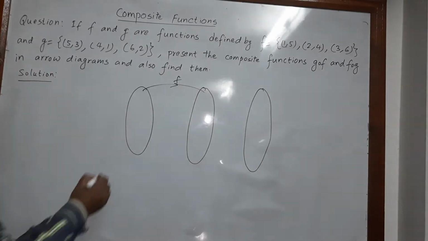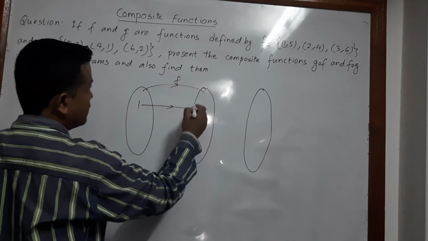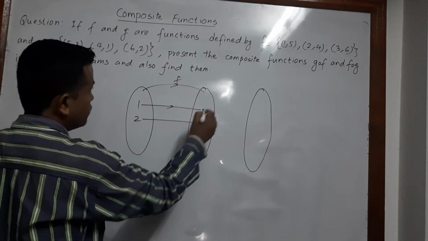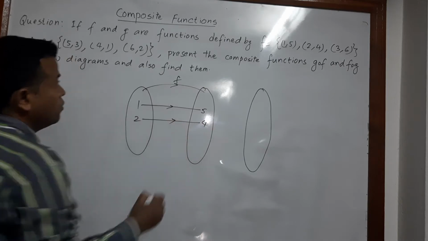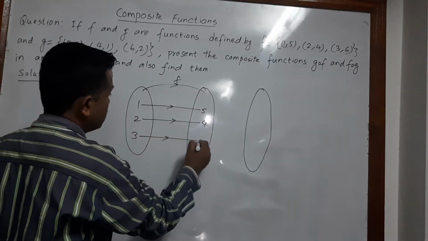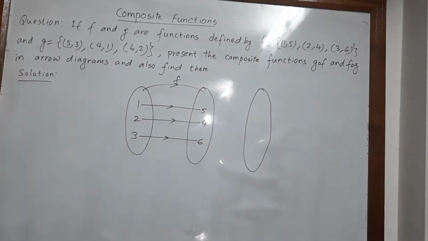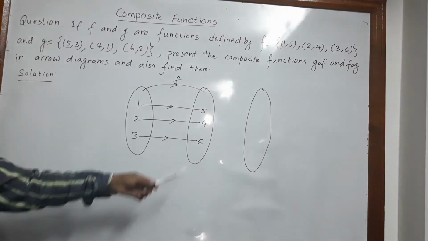Okay, so function f takes 1 to 5, 2 to 4, and 3 to 6. 1 is mapped to 5, 2 maps to 4, 3 maps to 6.